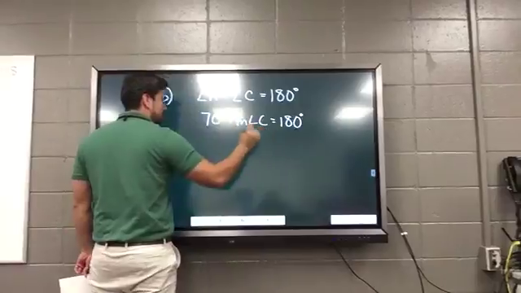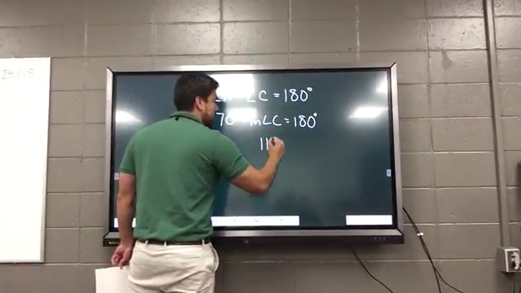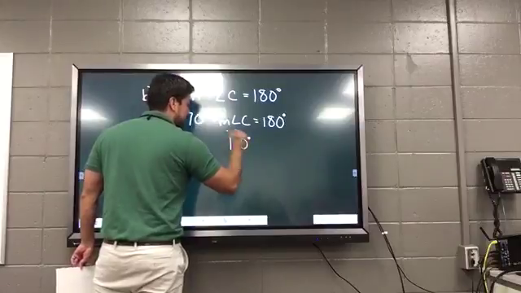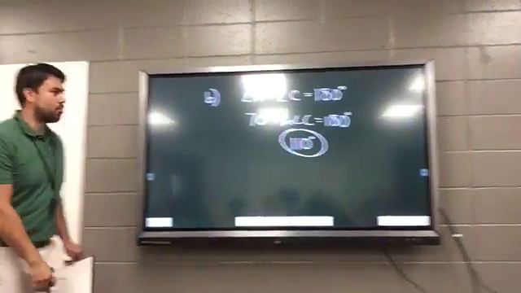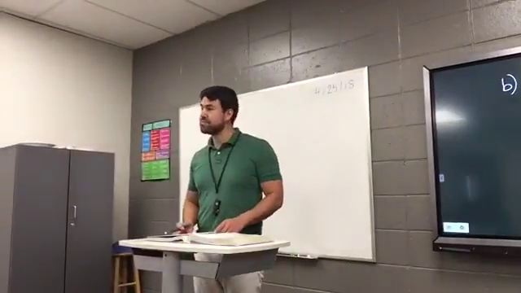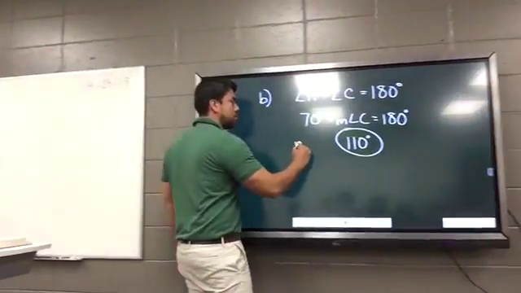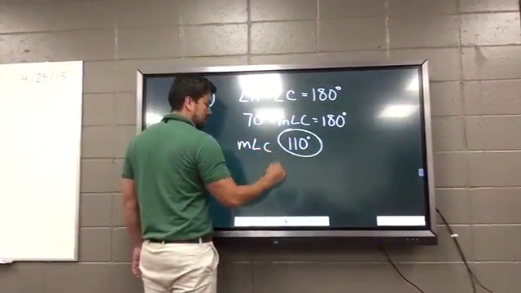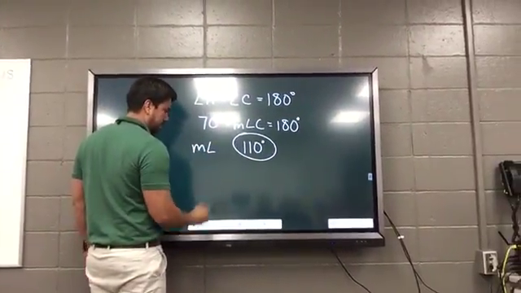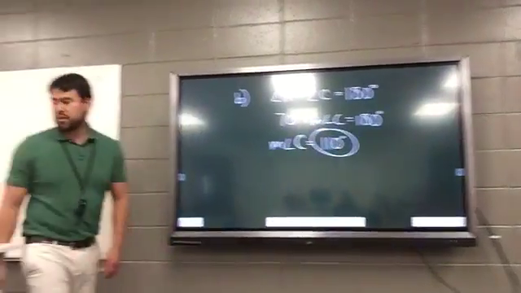You just do what? 180 minus 70, 110 degrees. Yep, because we want to use that measurement appropriately. Do we have to put like angle C equals 1? No, you can say, if you wanted to, you could put the measure of angle C is equal to 110 or just 110. Okay.